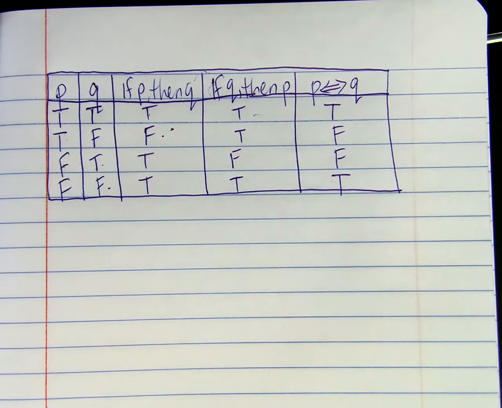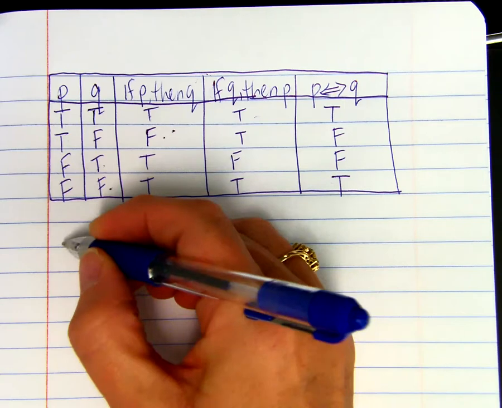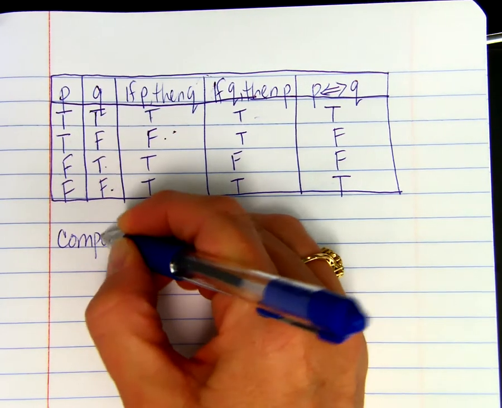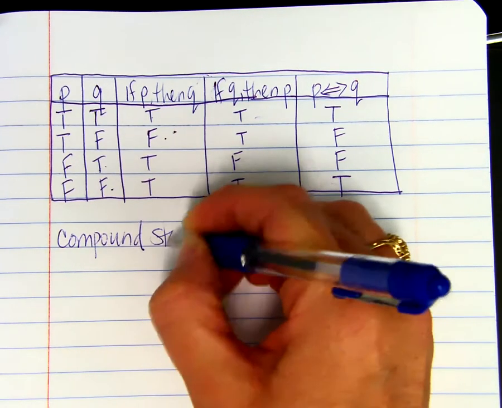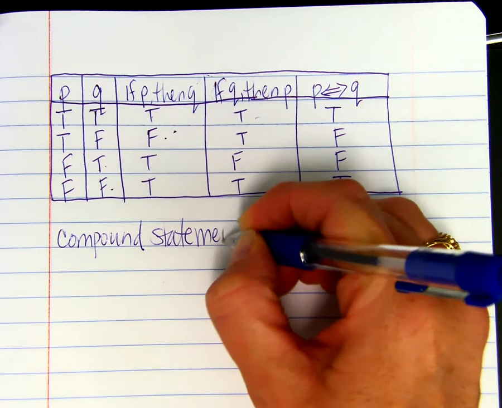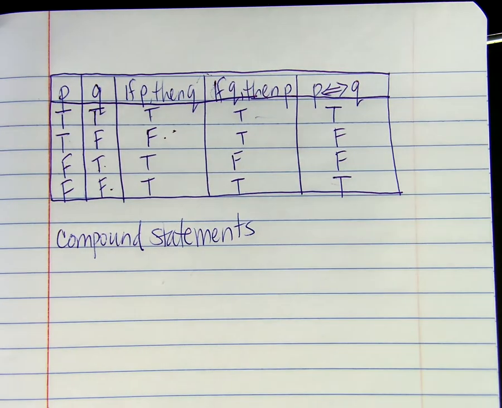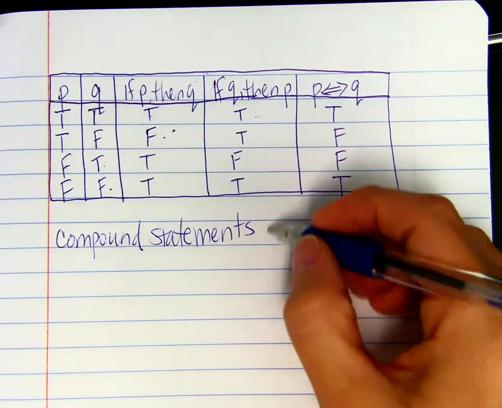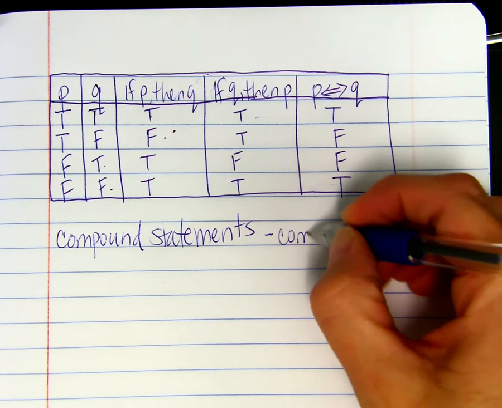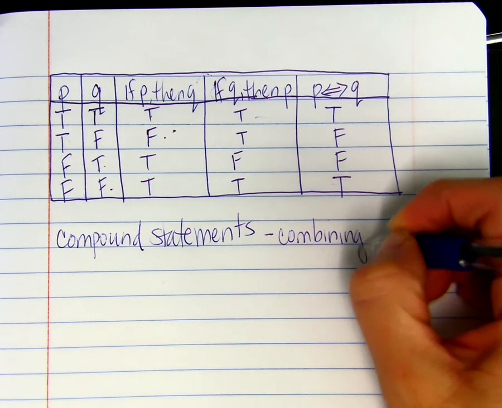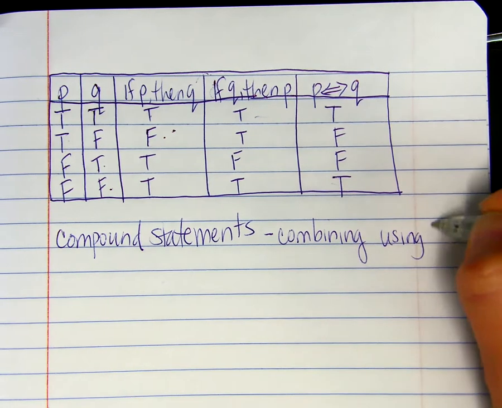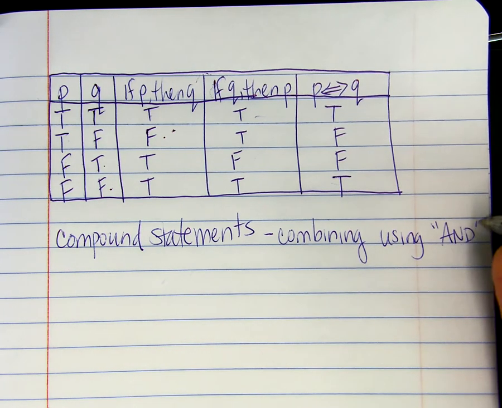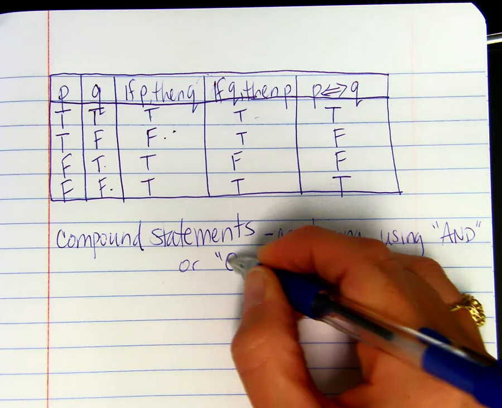There's a couple other vocab words that I want to teach you, and they go along with compound statements. There's two different types. Basically, compound statements combine two statements using the words and, or.